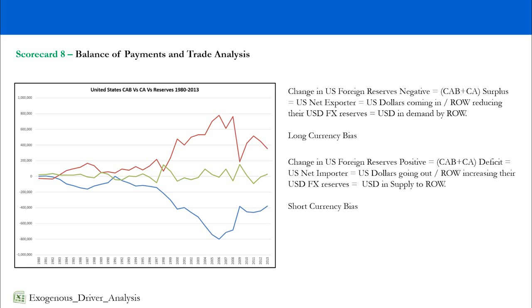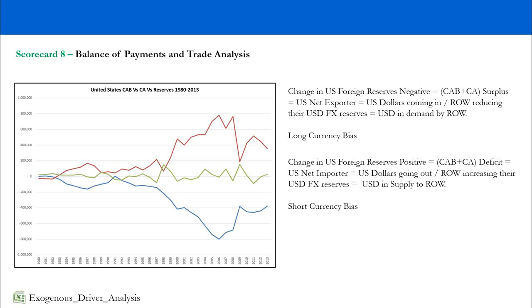And this can be split up amongst many, many countries. And in the opposite case, US dollars going out, so US dollars being shipped to the rest of the world, this means the rest of the world is increasing their US dollar reserves. But this isn't just one country. This is across the entire world. So it can be across many, many different countries.